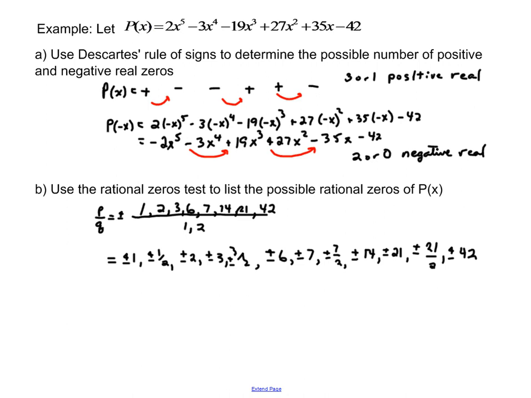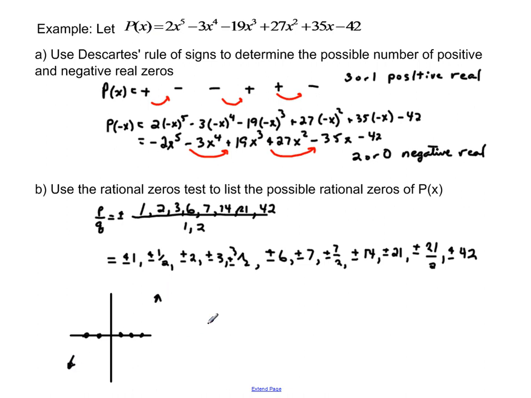Now, if we think about the way this function is going to look, what could happen are the following possibilities. If there are 3 positive real zeros and 2 negative real zeros, our graph might have 3 places along the x-axis where it's going to cross, and 2 places where it's going to cross, so a total of 5 possible real zeros.